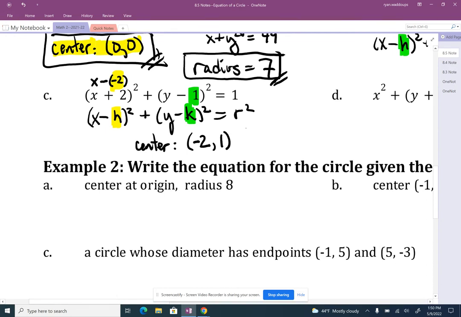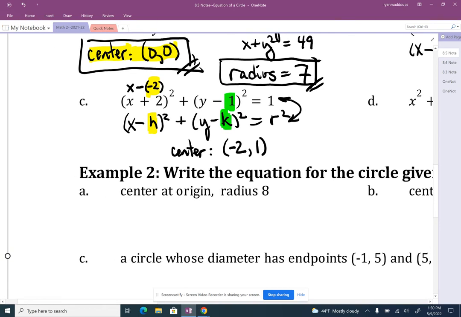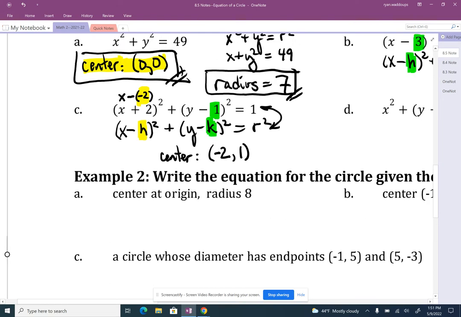That's my center. And then my radius, r squared equals 1. So what number squared is equal to 1? Well, 1. So my radius is equal to 1.